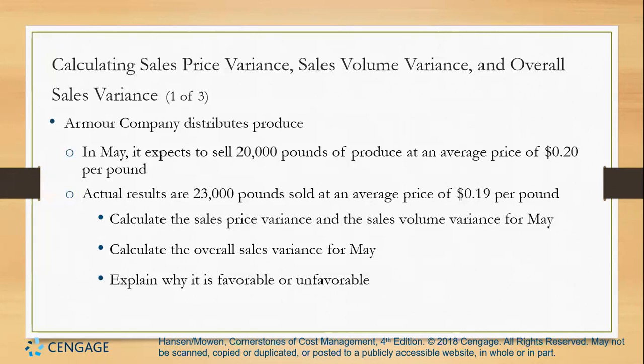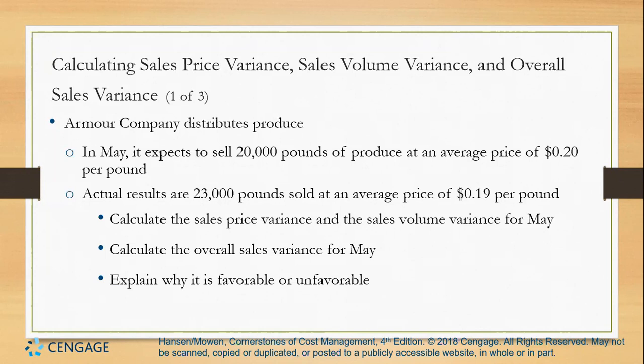So now we calculate the sales price, sales volume, and the overall sales variance. The company distributes product in May. It expects to sell 20,000 pounds at an average price of 0.20 per pound. Actual results are 23,000 pounds sold at an average unit price of 19 cents per pound.